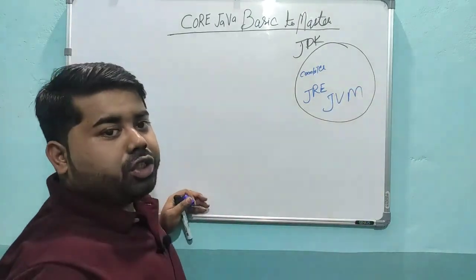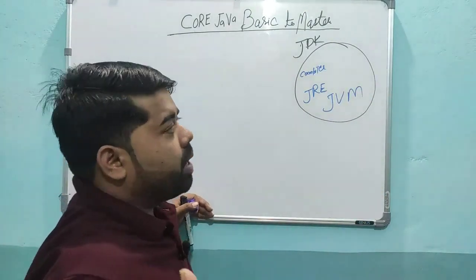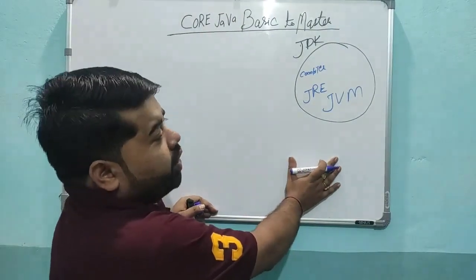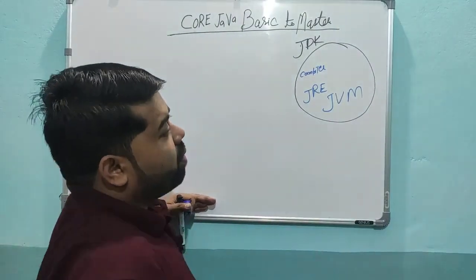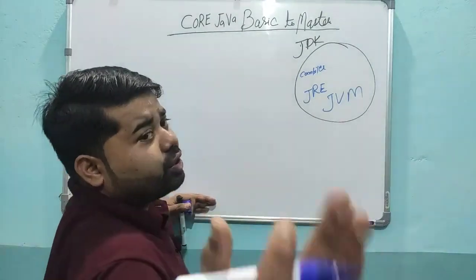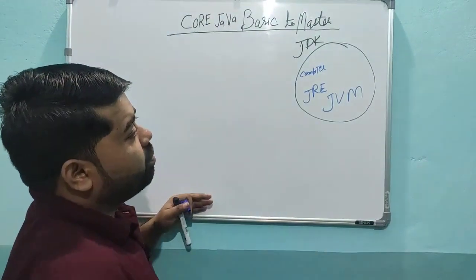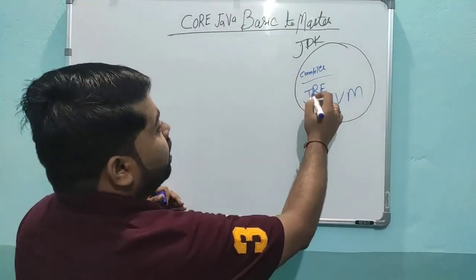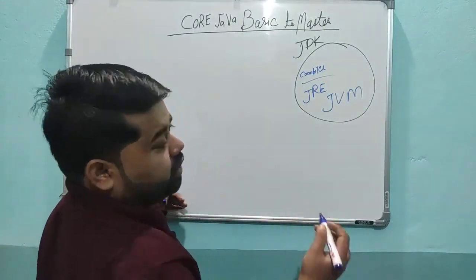For the installation part I will show you in the practical. Today my agenda is how to execute. How to install the JDK software we will tell you in the coming session. Then we can see what is the use of the compiler, JRE and JVM.